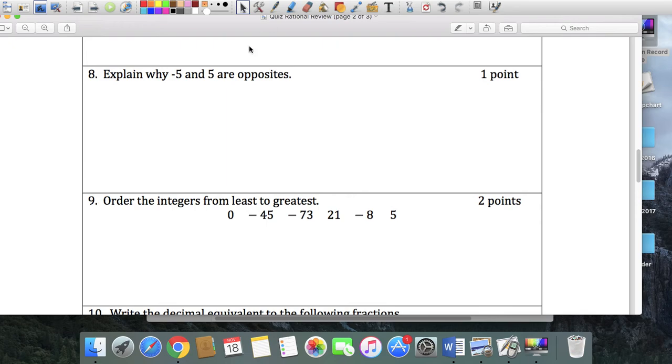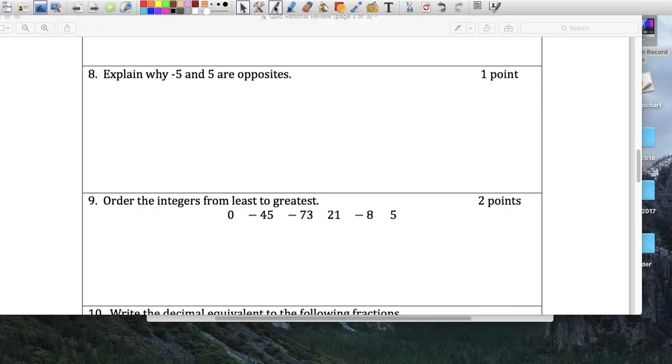Explain why negative 5 and 5 are opposites. Well, I'm going to use a number line to explain that. Here is 0. 1, 2, 3, 4, 5. 1, 2, 3, 4, 5, negative 5. Why are these two numbers opposites?